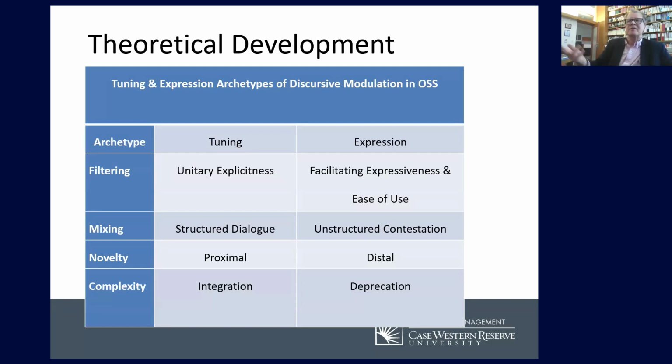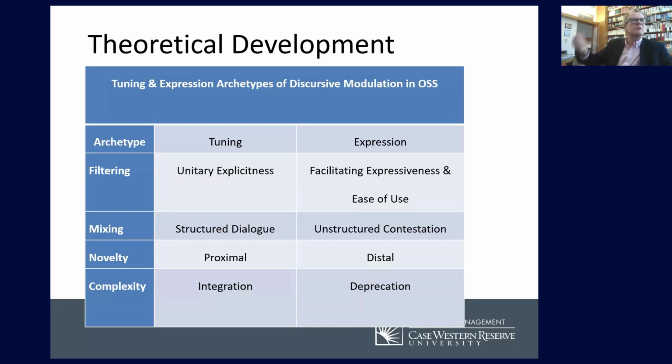Then you facilitate expressiveness and ease of use in filtering, emphasize those features, but mixing is unstructured contestation. So it's largely a jungle, where there's no due diligence in how you come up with the best way. It's somewhat random. It's not totally random, but there's a certain randomness in how this happens.